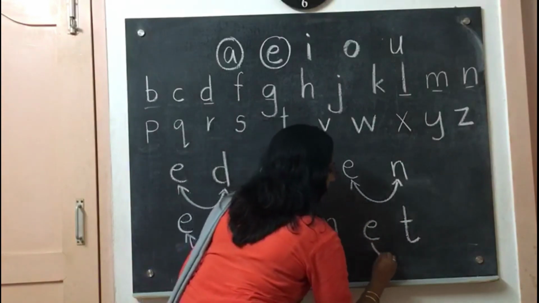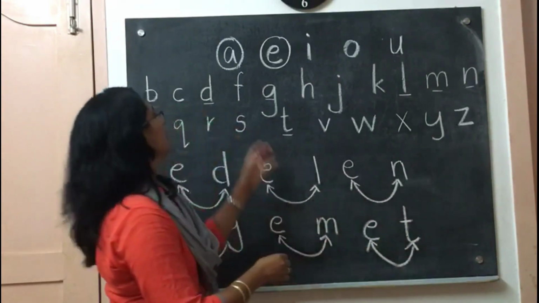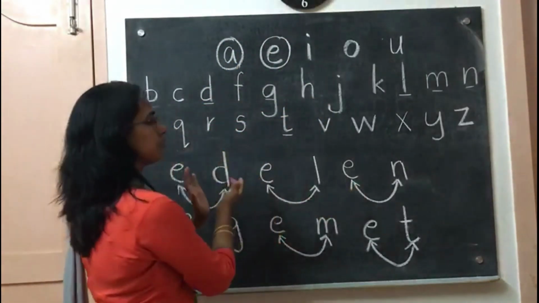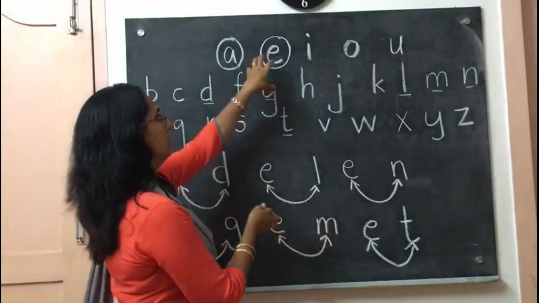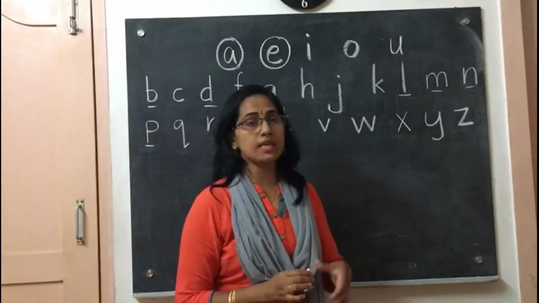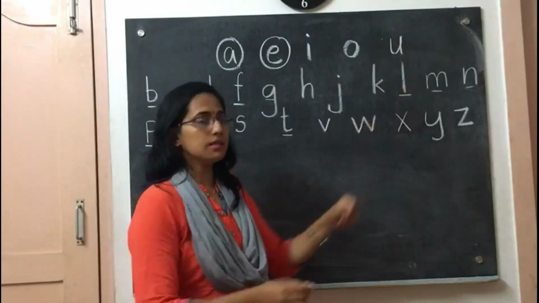Yet, right? So this is how we join vowel E with consonant. These are the sound forms when you join vowel E with consonants.